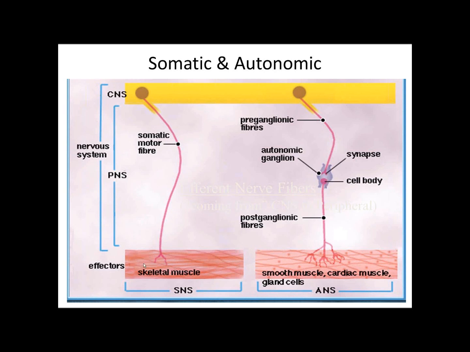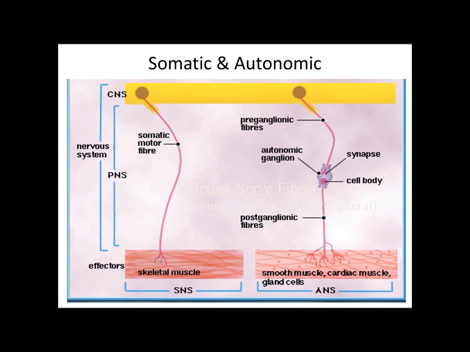So they terminate at the skeletal muscles without any synapses in between. So it's a pretty direct response system, pretty quick, except for the time it takes for the message to get across this long distance pathway.